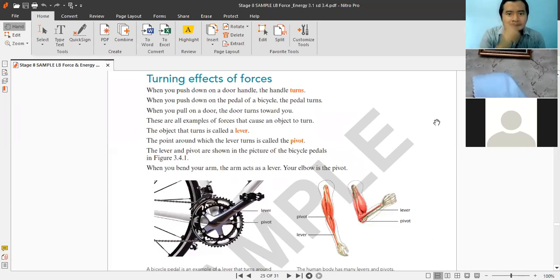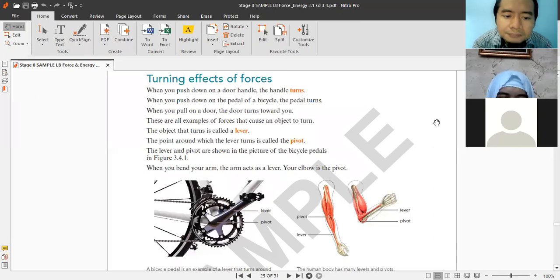Turning effects of force. When you push down on a door handle, the handle turns. When you push down on the pedal of this bicycle, the pedal turns. When you pull on a door, the door turns toward you. These are all examples of force that cause an object to turn. The object that turns is called a lever.